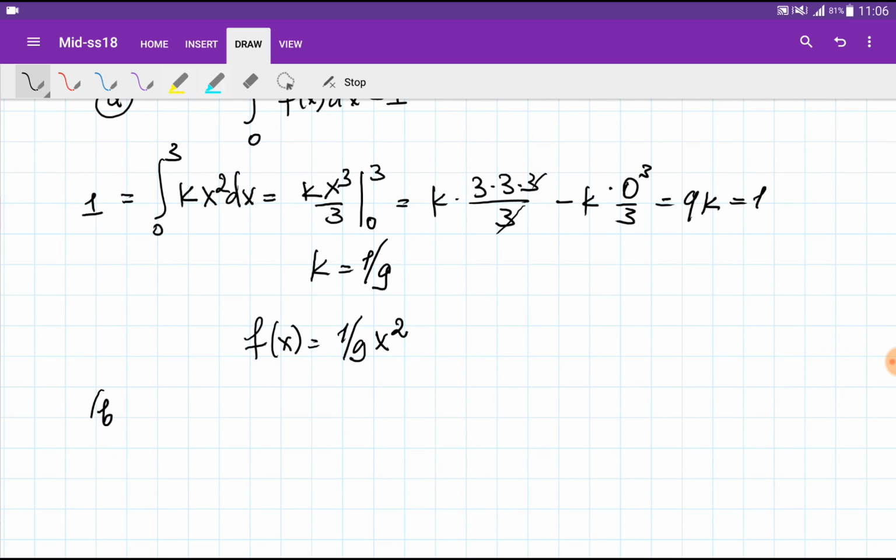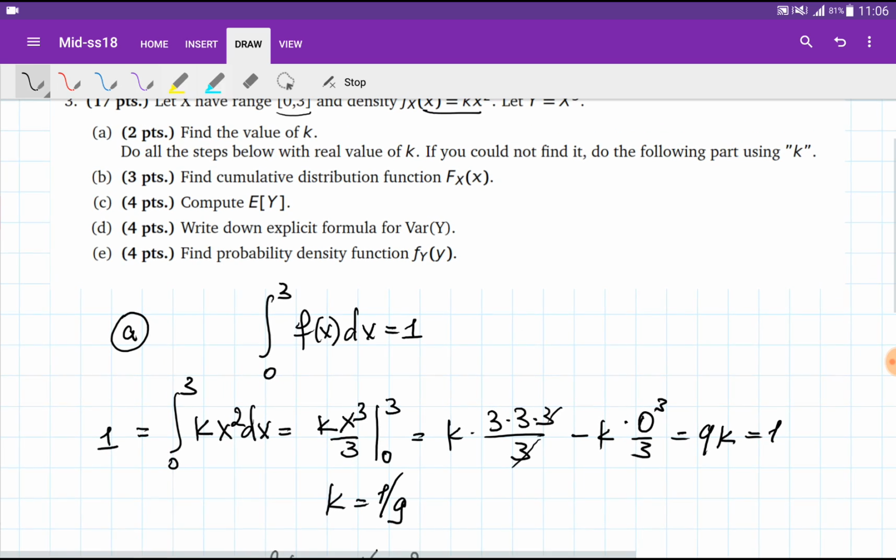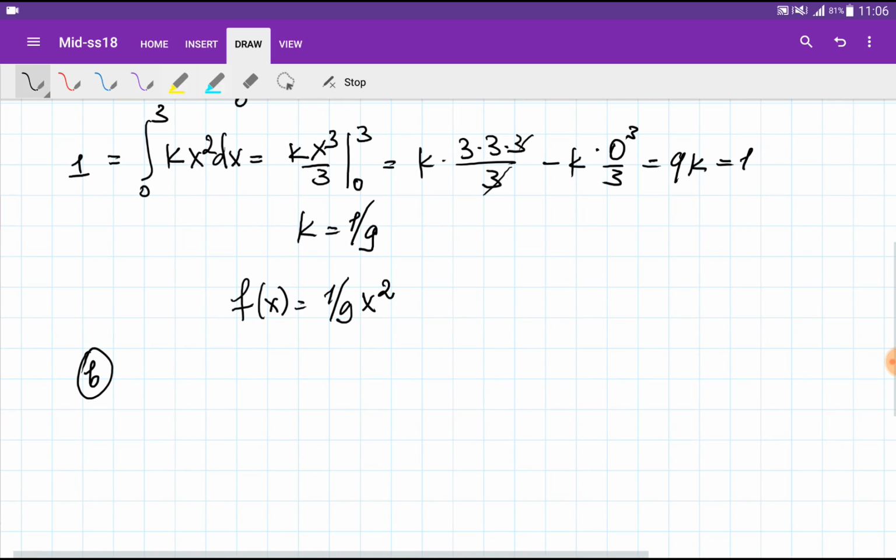On the second problem, part B, we need to evaluate the cumulative distribution, right? We know that the cumulative distribution until some point x is equal to the integral of the density function from 0, because the density function is non-zero in the region from 0 to 3, until some point x. I need to use a different letter for the integration variable.